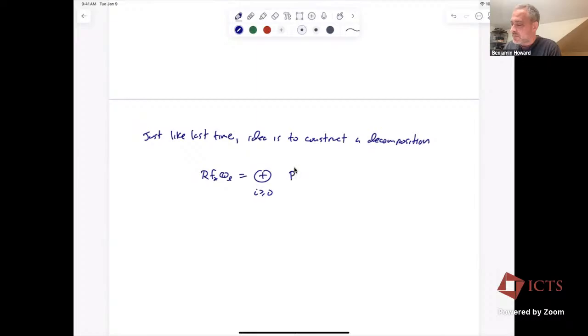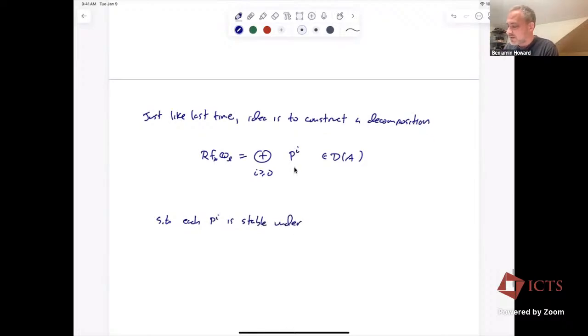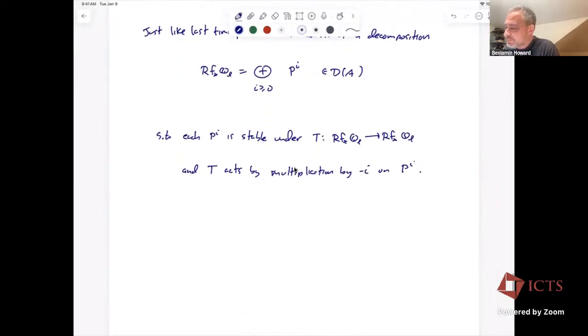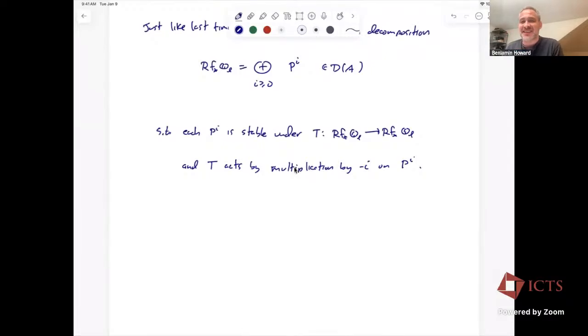I'm going to call them P_i, such that each P_i is stable under the Hecke correspondence, and T acts by multiplication by minus i in the ith factor. Now, I'm not going to tell you what this decomposition is because it's a little bit complicated.